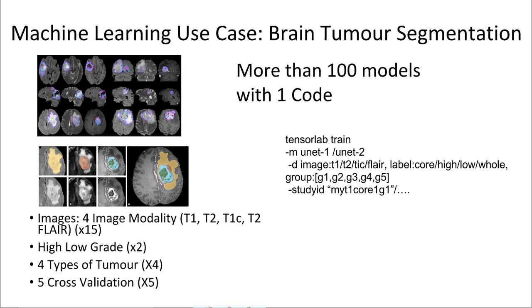And there are 4 types of tumor, and we want cross-validation. So together, we have to train something like 100 models for different imaging modalities and different tumor types. And for the TensorLab system, we just need to build one code and slightly change the parameters. This makes our lives much easier.